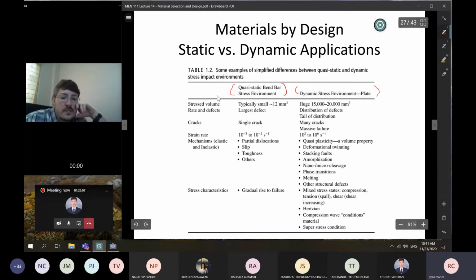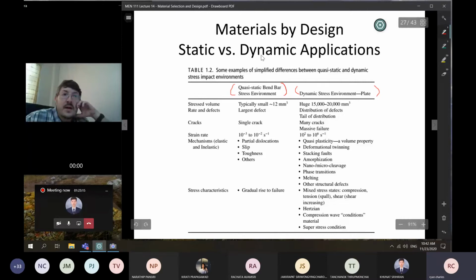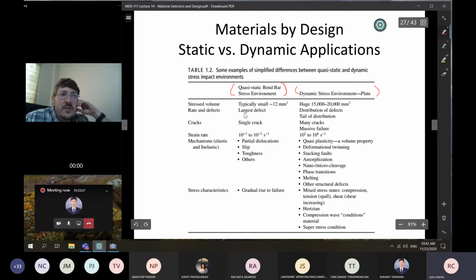Stressed volume. How much material are you testing in a tensile test? It's a very small volume, actually. In a dynamic event, you load up an enormous volume of material simultaneously. So when you think about failure statically, you think like Griffith. You think it's the largest flaw, and the material fails that way.